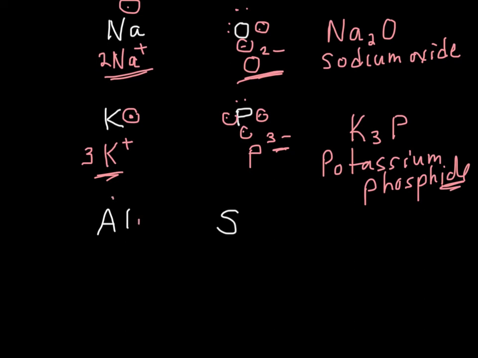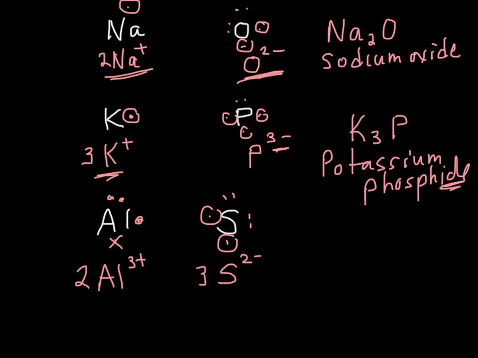So aluminum, it's got 3 valence electrons. Okay, I should have drawn 1 here and 1 here and 1 there. Sorry about that. Okay, so it wants to lose all 3 of them to form Al3+. Sulfur has 6, so it wants to gain 2, S2-. So can you see that I need 2 of these and 3 of these to make it equal, 6 plus and minus 6?